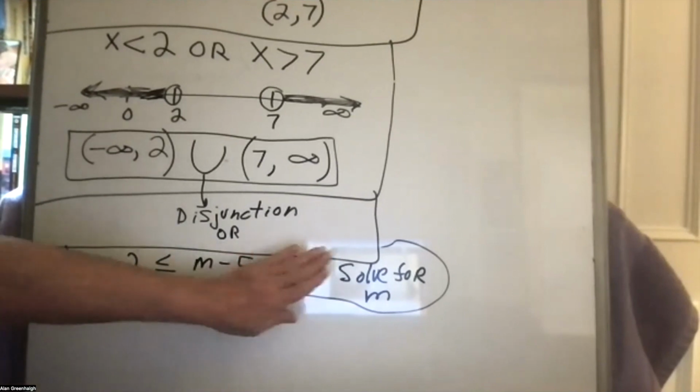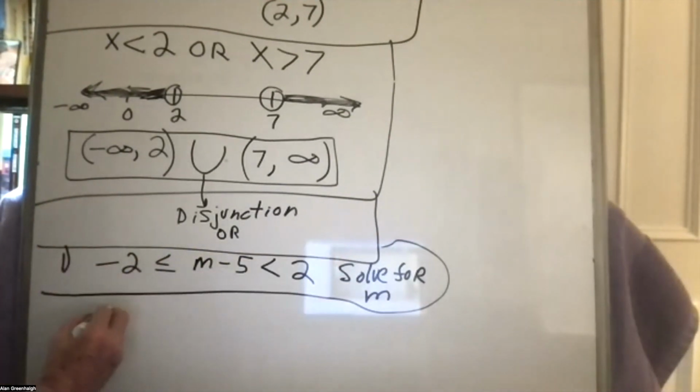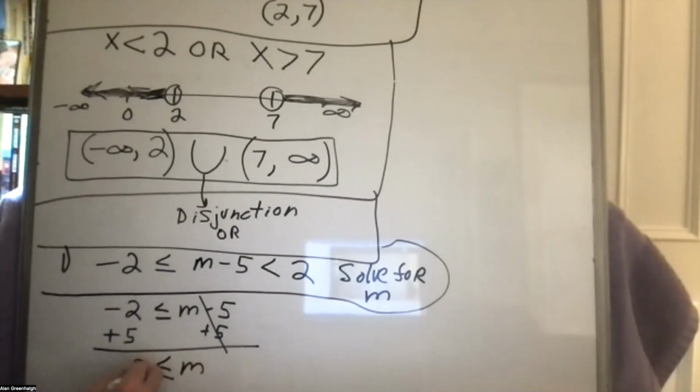You could cover up that part of it, and just say, all right, -2 is less than or equal to m minus 5, and do it the way we normally would do it. That's one possible part of it.